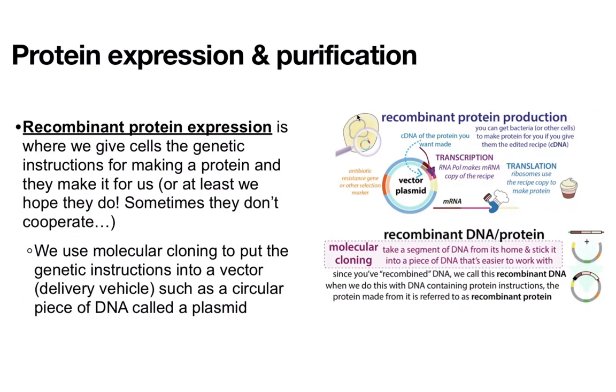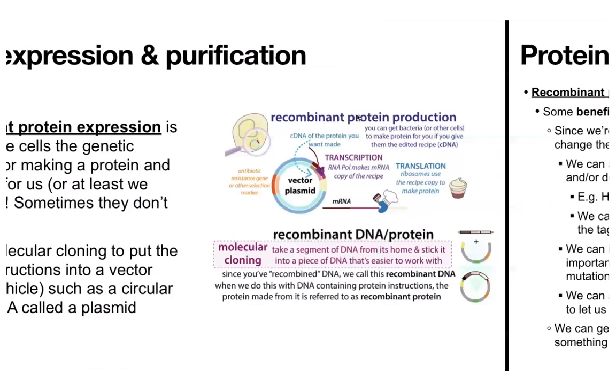Basically, a vector is like a vehicle for getting something into cells. Typically we stick genetic instructions into a circular piece of DNA called a plasmid, and then we stick that into bacteria. The bacteria then make the messenger RNA and translate it to make protein. We also have different vectors that we can use to get things into other cells if our protein is harder to express or make.